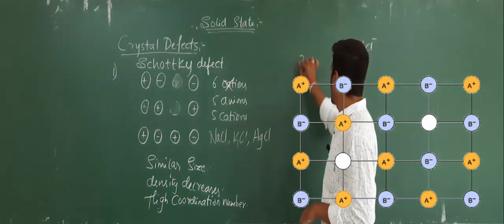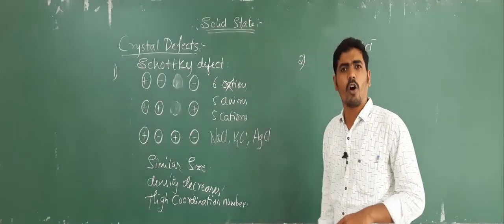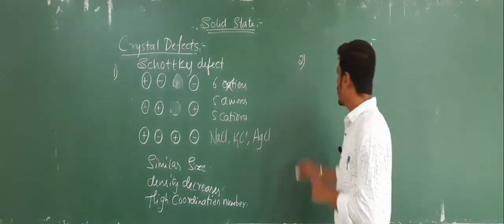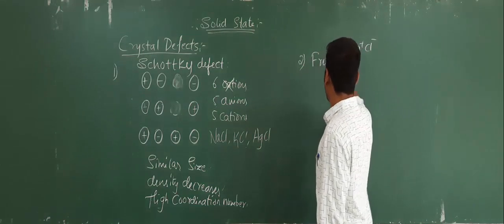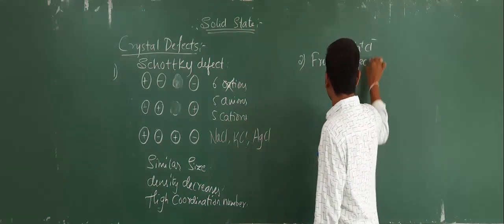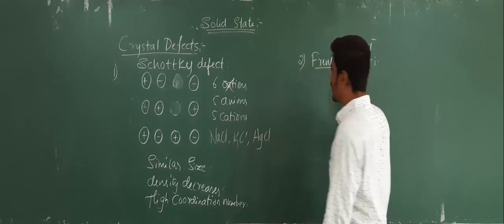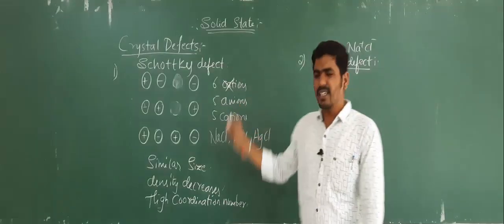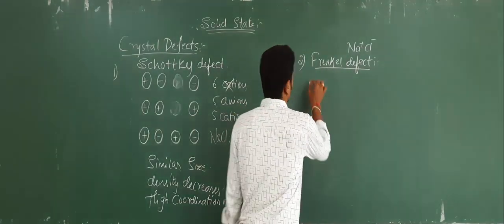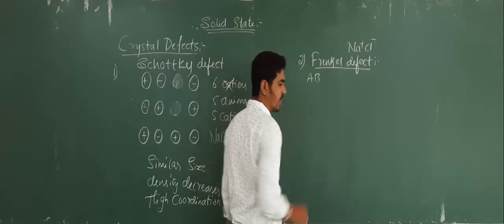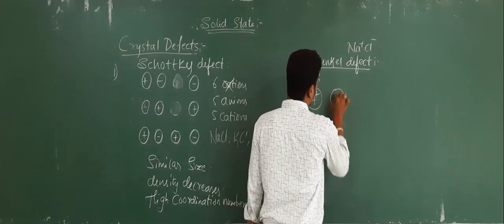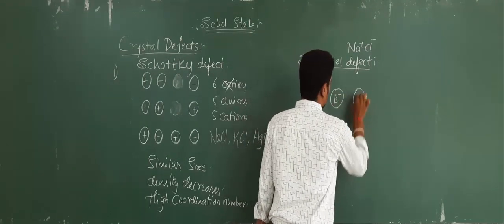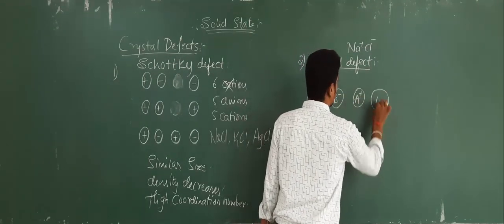Another type of defect which is observed in ionic crystals is the Frenkel defect. So what does this Frenkel defect mean? Consider an ionic crystal having the formula AB, where alternate cations and anions are arranged.